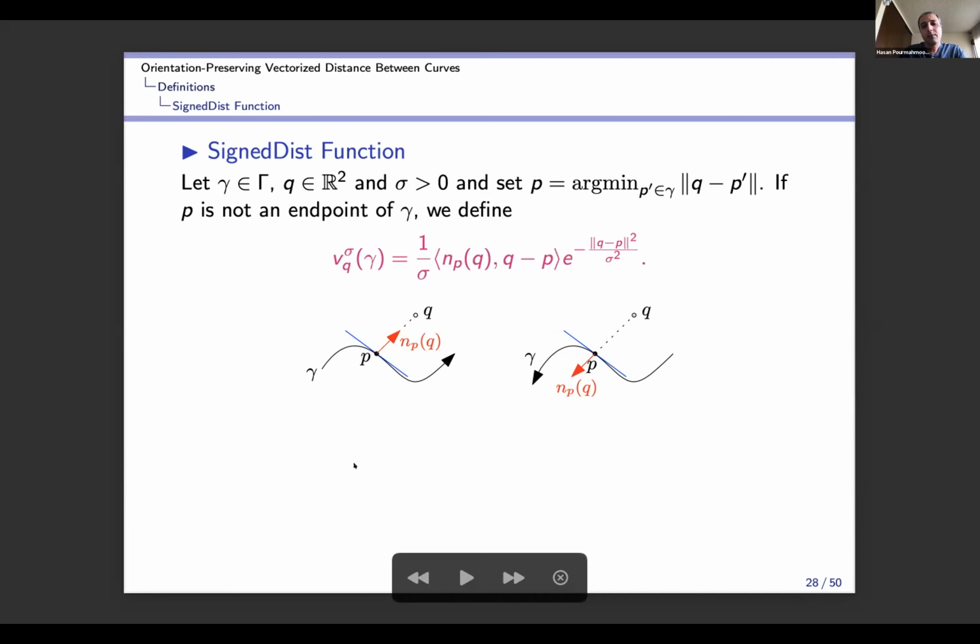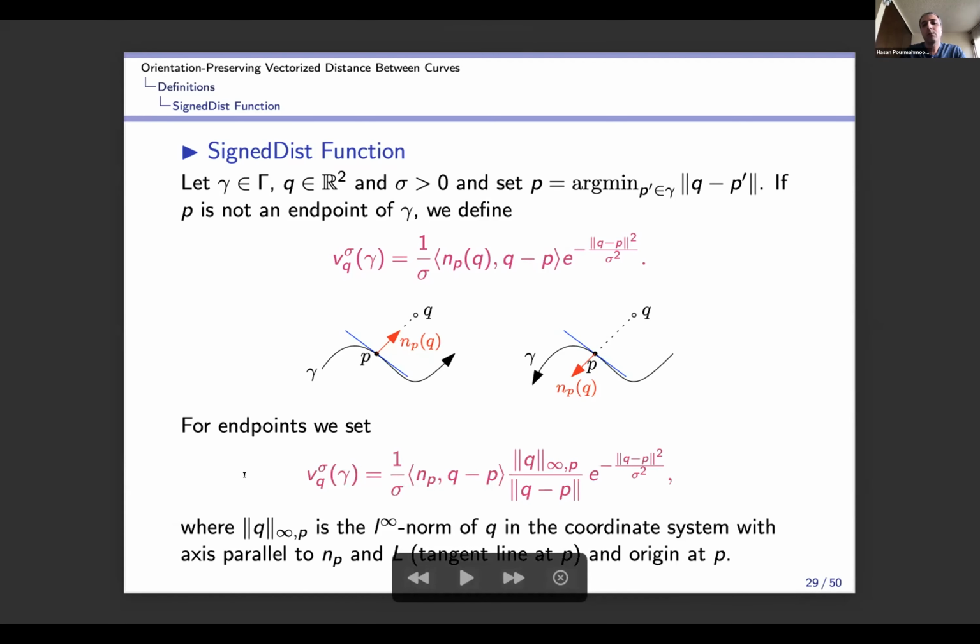And for endpoints, if P is an endpoint, we have a roughly similar formula, but I'm not gonna go through the details of why we define it in this way. Just to mention that this helps us to verify the definiteness properties of the metric.